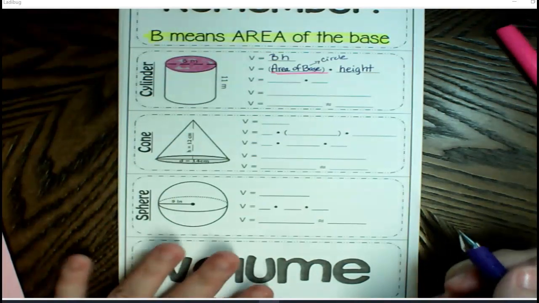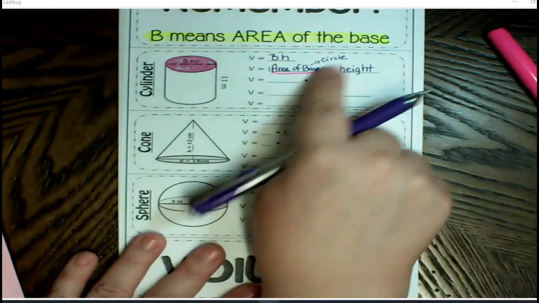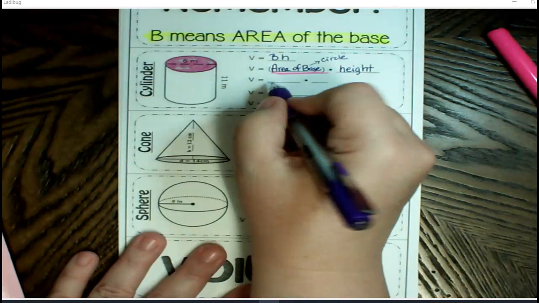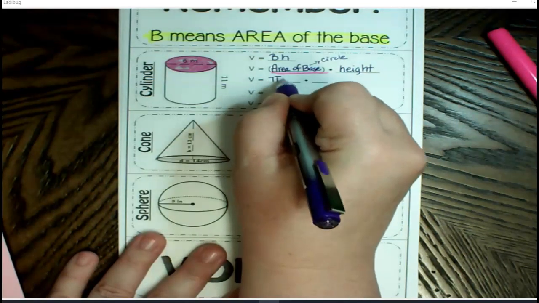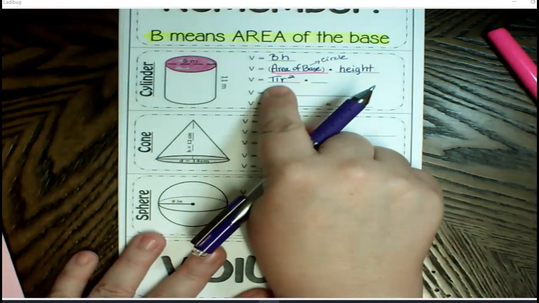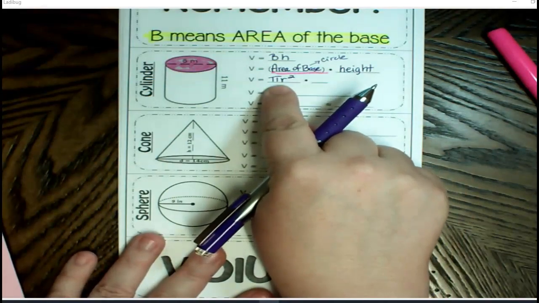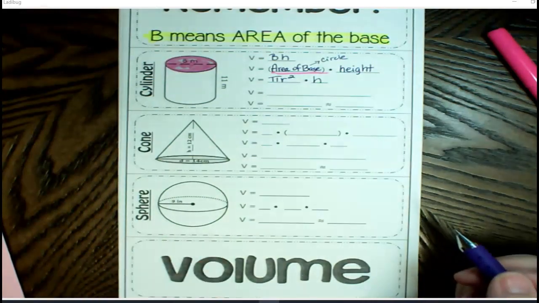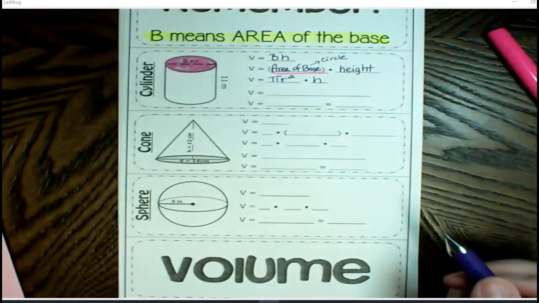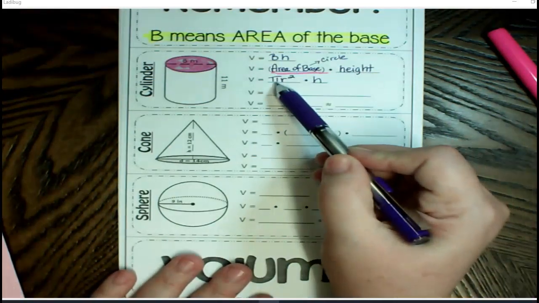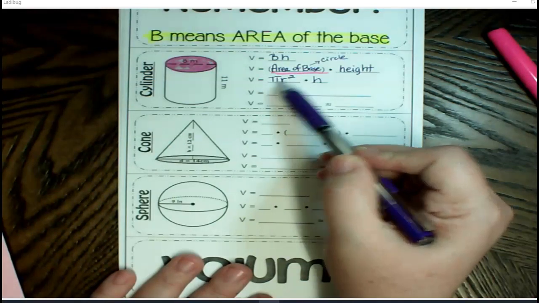What is the formula for area of a circle? Pi r squared. So area of the base is pi r squared. And then we're still multiplying that times my height. So we had to kind of break down, what is big B? Oh, it's pi times radius squared. It's area of that circle.